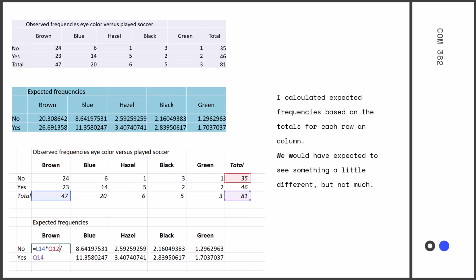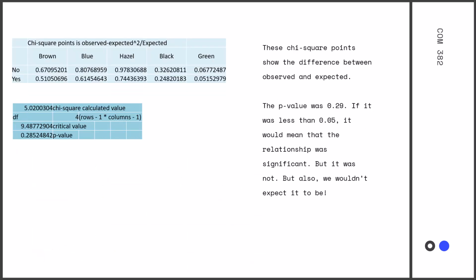So, just as an example. And so what was pretty interesting, this calculation is actually looking at the differences between the observed and expected, squared. And you can see, like I said, this hazel was a little different. Blue eyes was a little different than expected.